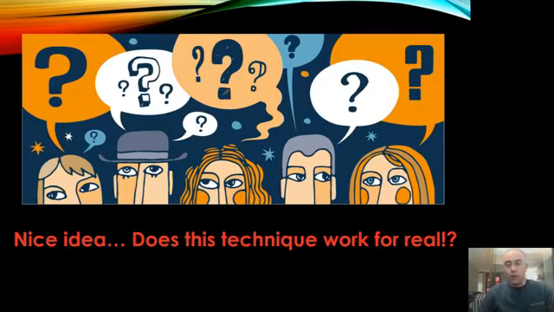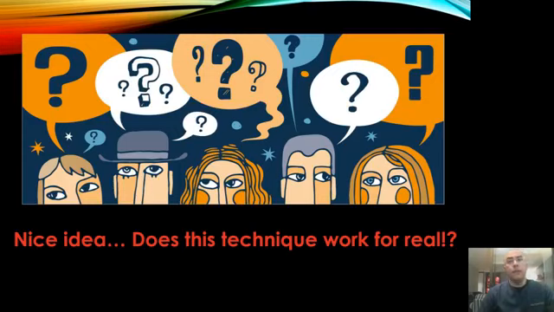That's a lot of information. We're talking about dental implants. Everybody who was trained in dental implants knows that we need to do an extraction, we need to take the whole tooth out, and this raises a lot of question marks here. Now we're talking about leaving one portion of the tooth and putting the implant next door. It's a nice idea. Does this technique work for real?